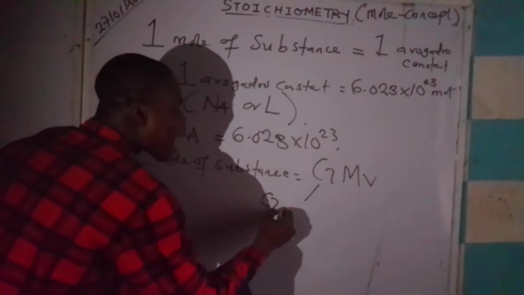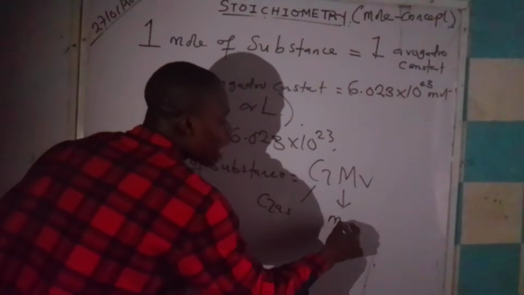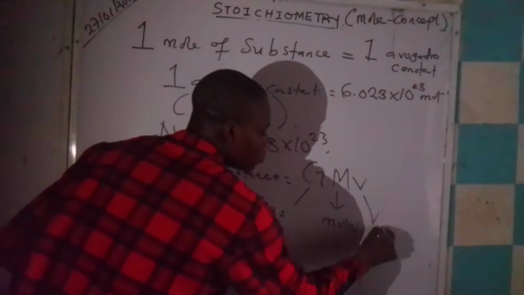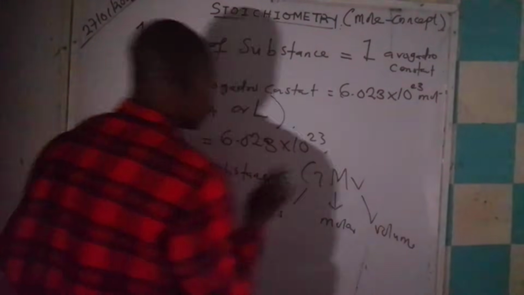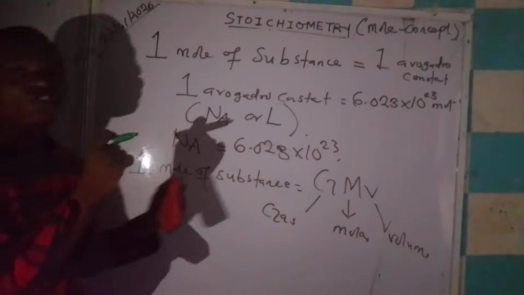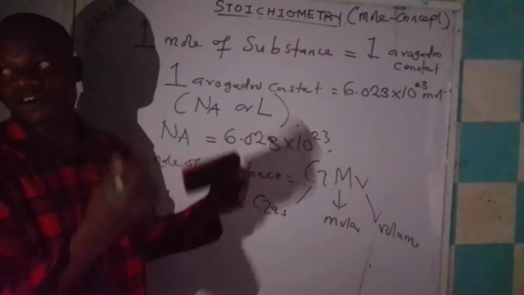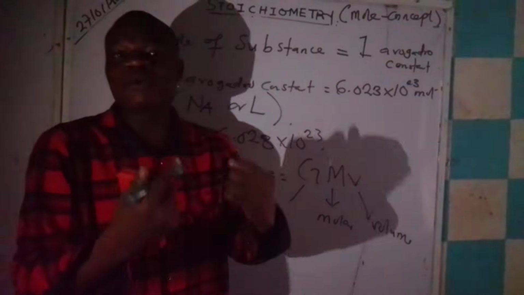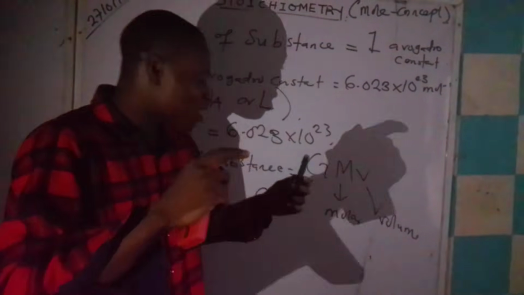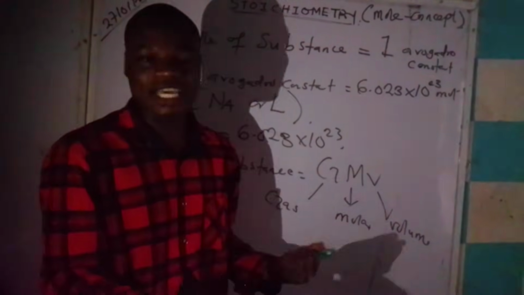It means gas molar volume. One mole of a substance is equivalent to the gas molar volume. Now, JAMB sometimes uses GMV, or they sometimes use the volume of the gas at STP.